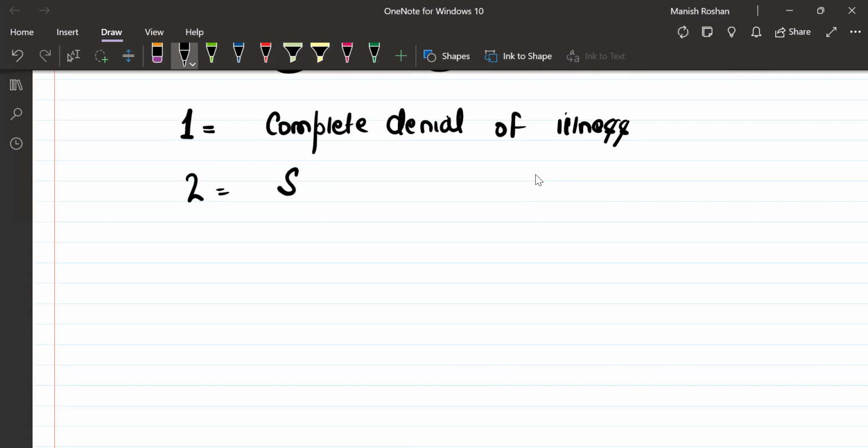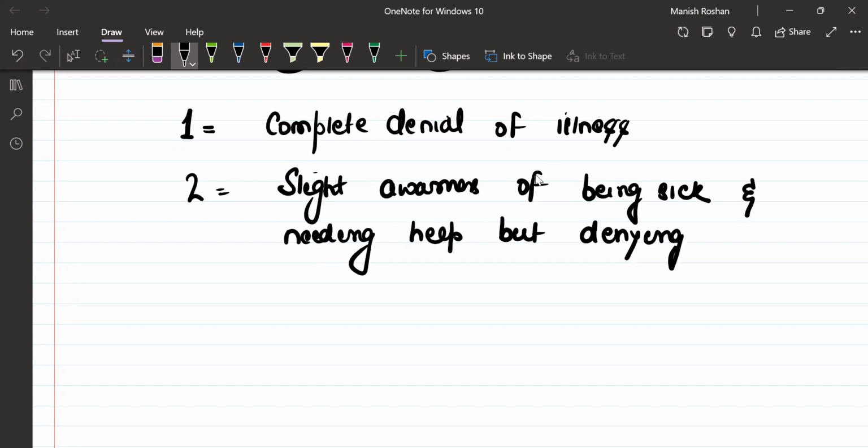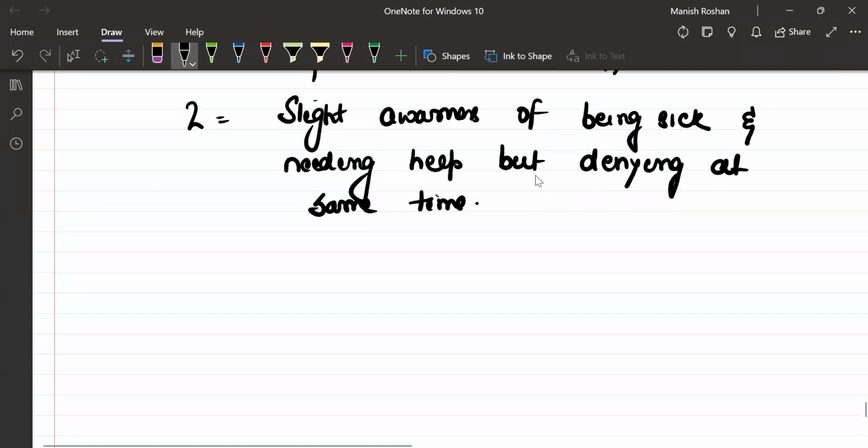Second, slight awareness of being ill, being sick, and needing help, but denying at the same time. The patient says that he might be ill and might need help, but he doesn't think he needs any sort of help.